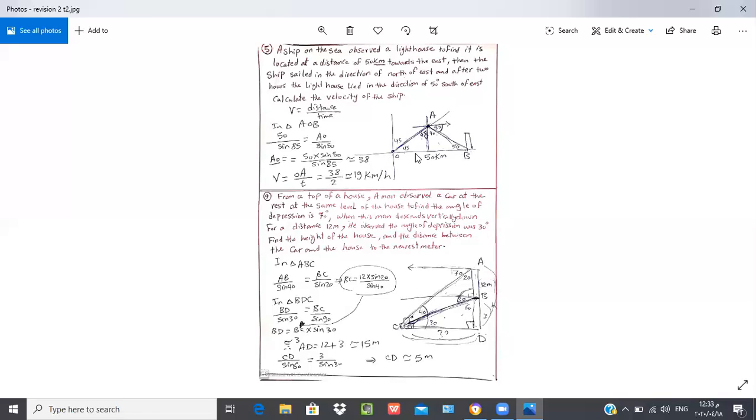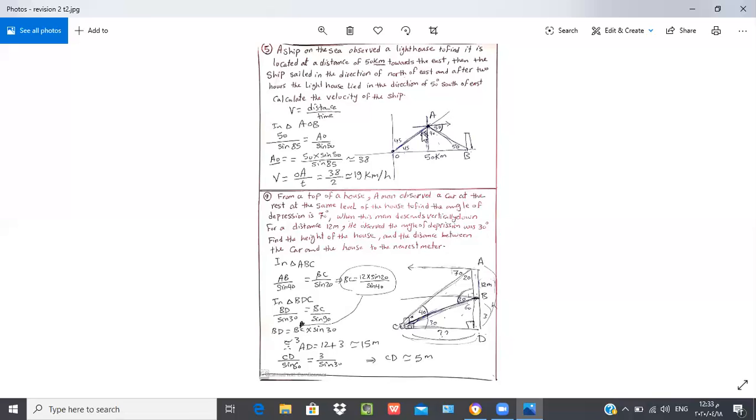He didn't give the angle, so the angle here will be 45 and 45. If he didn't mention the angle, it means he divides 90 into 45 and 45. And after this, he stopped after 2 hours and looked again at the lighthouse at an angle of 50 south of east.